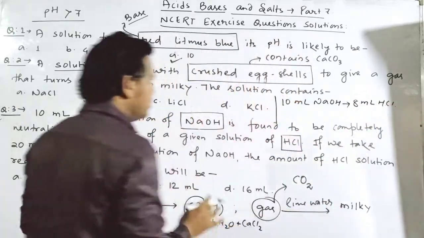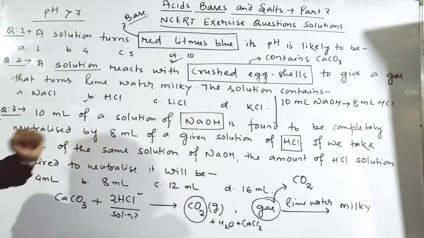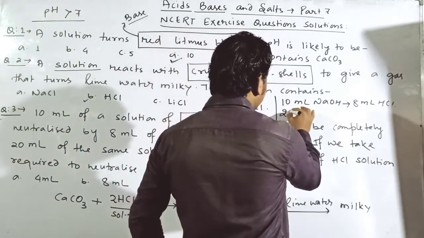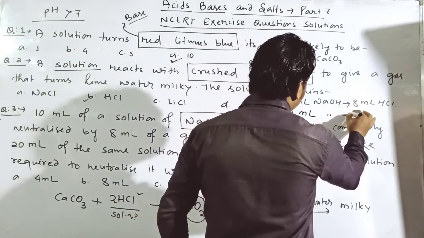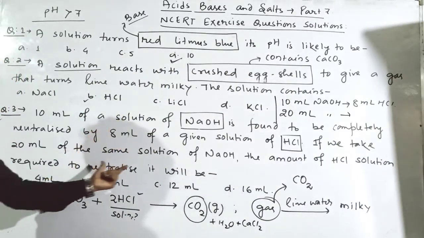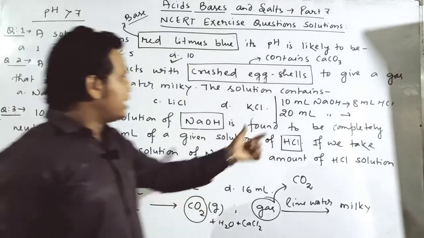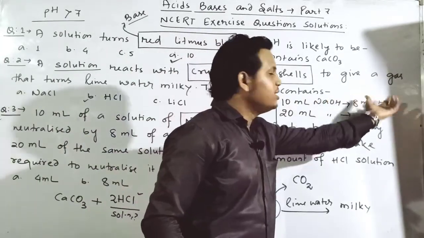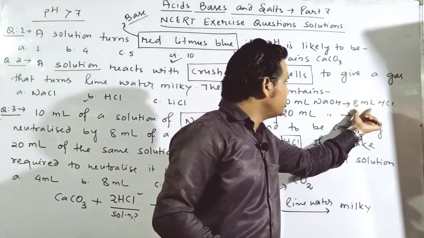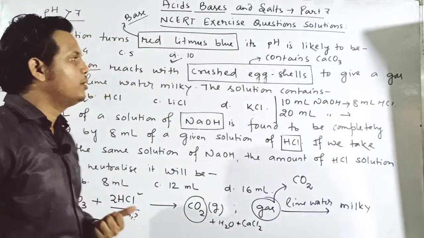If we take 20 ml of the same solution of sodium hydroxide, in place of 10, then what amount of HCl solution is required to neutralize it? 10 ml NaOH neutralizes 8 ml HCl. So how much HCl will be needed to neutralize 20 ml of NaOH?